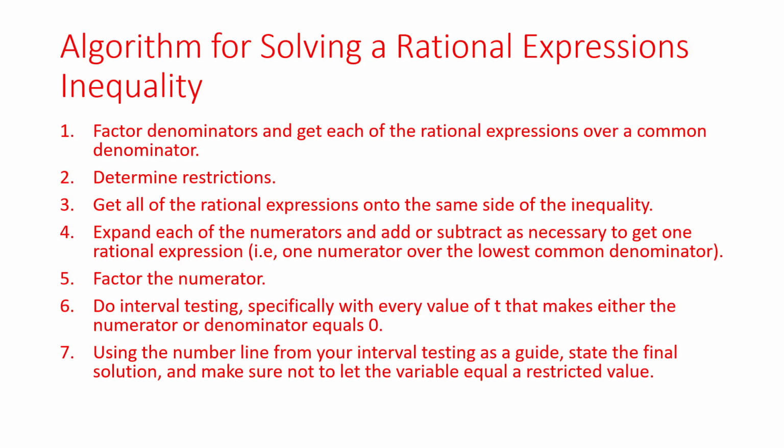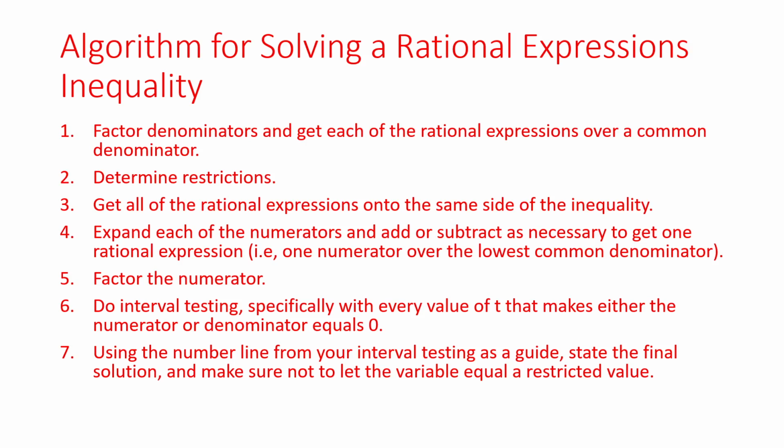Instead we have an algorithm, a step-by-step process. What we do first is factor denominators and get each of the rational expressions over a common denominator. Then we determine restrictions. Then we get all the rational expressions onto the same side of the inequality, expand each of the numerators, and add or subtract as necessary to get one rational expression.